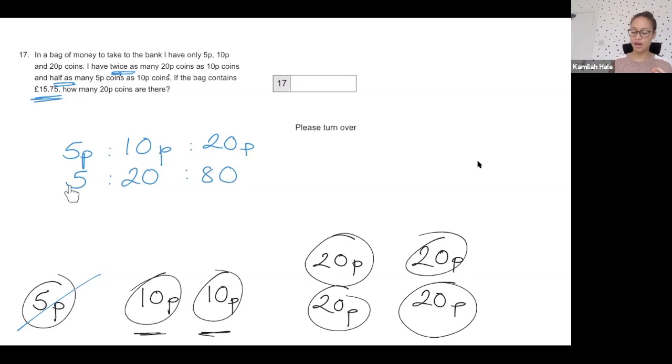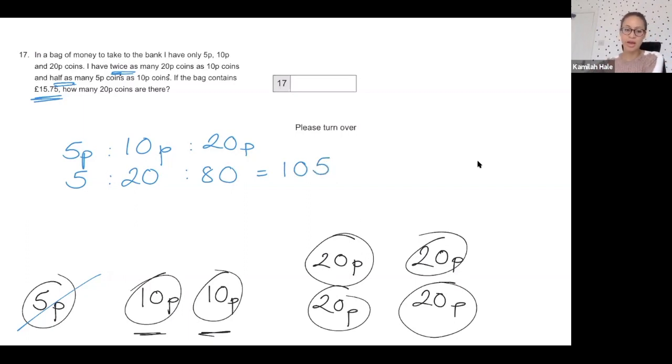So now I have a ratio with the values of the coins, which means I can put the £15.75 in and everything will be okay. So the top row adds up to, well, it's £1.05. Let's write it as 105 because it might be easier.